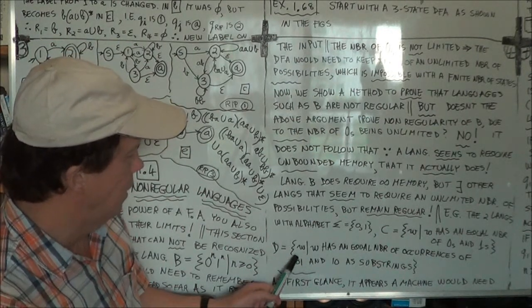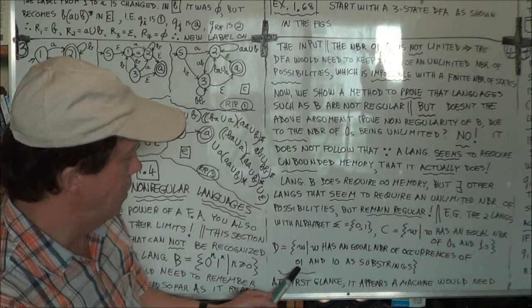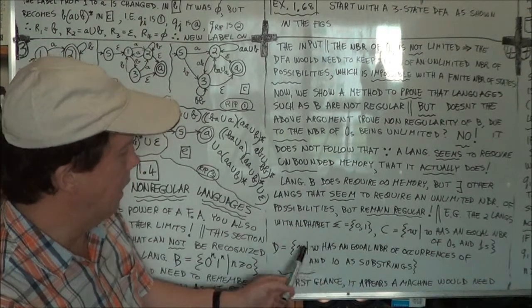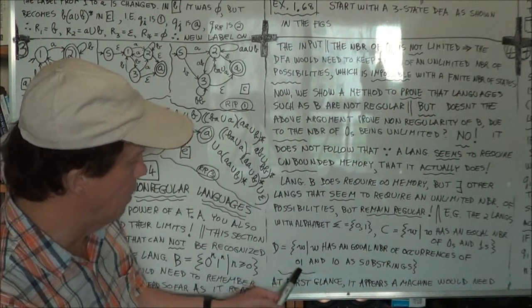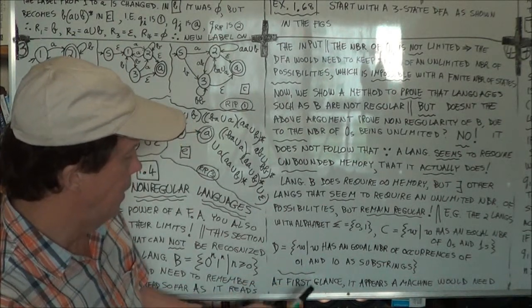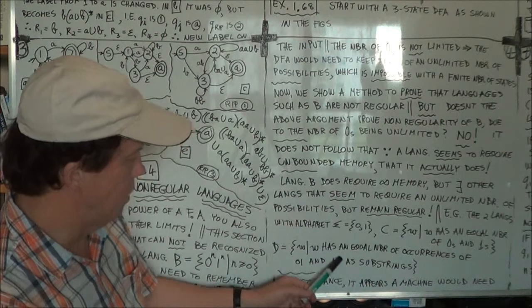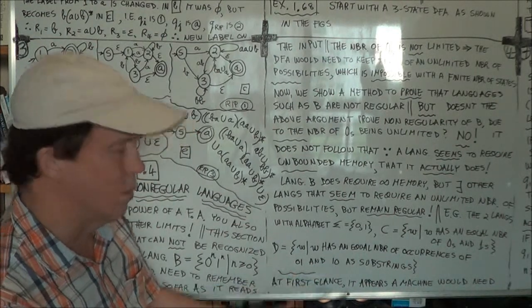You think this string could be of any length at all. It's not restricted, so there's no limit on the number of appearances of 01, and similar comment for the number of appearances of 10.